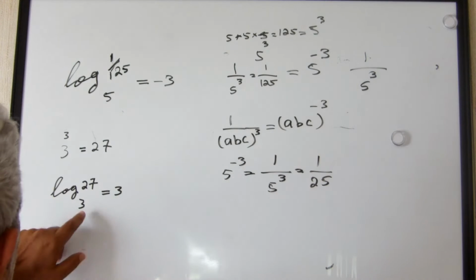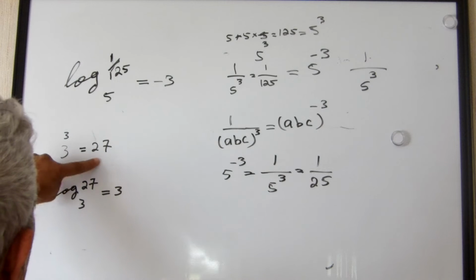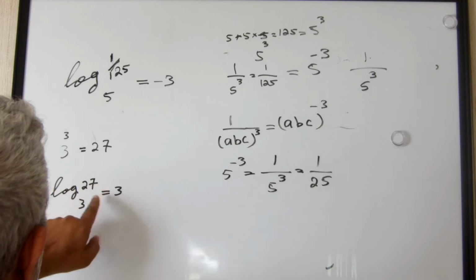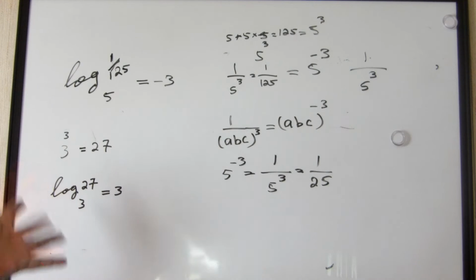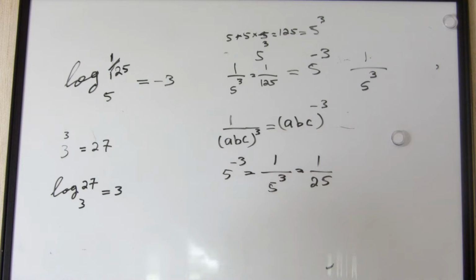It is going to be 3, because 3 to the power of 3 is going to be 27. We write the answer here. This is just the opposite of this, when you want to express it in terms of exponents, you do this.